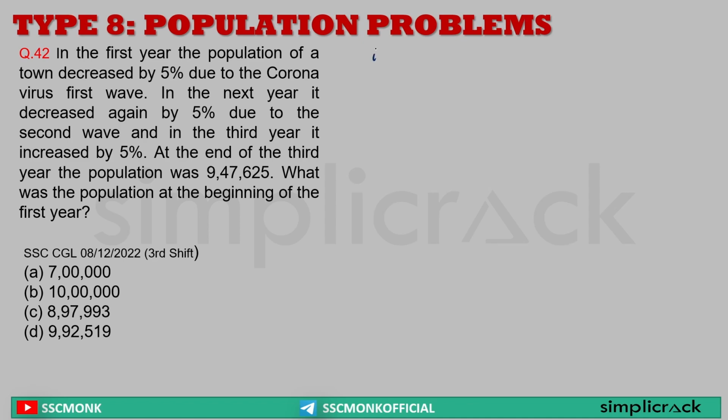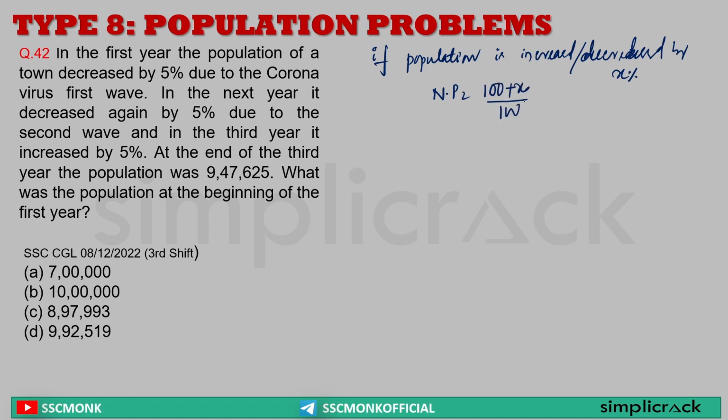Let's say if the population is increased or decreased by X percentage, the new population will be, remember this, 100 plus X by 100 into the old population. If it is again increased or decreased, then the same, 100 plus X by 100, or 100 minus X in case of decrease, will be done.